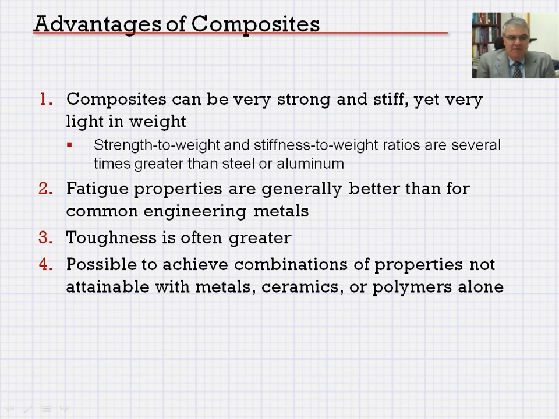Maybe some components, but most of our airplanes are made of composites, between 50 to 80%, whether by weight or by volume. So that's very important to understand why we are using composites.